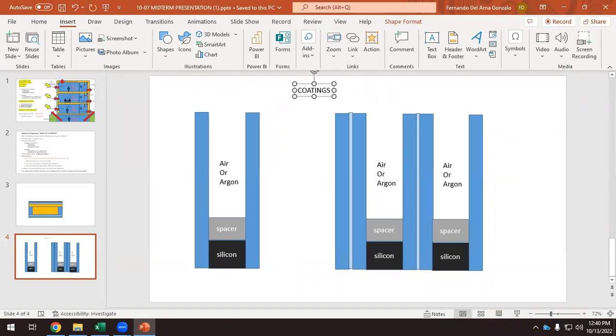Okay, so coatings are not the glass. It's a treatment that we apply on the surface of the glass. Usually when we're talking about glasses, we put names to the layers. If this is outdoors, this is layer number 1.